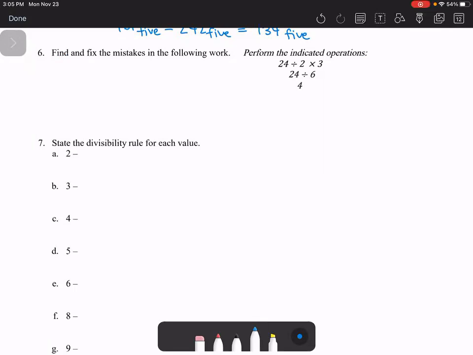So going from the first step to the second step, what happened? We multiplied. And going from the second step to the third step, we divided. Given the order of operations as we know it, PEMDAS, this may seem like the correct thing to do, where you multiply and then you divide.